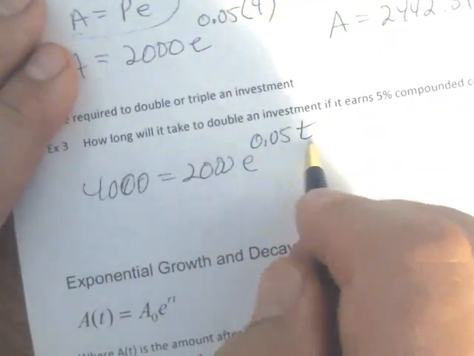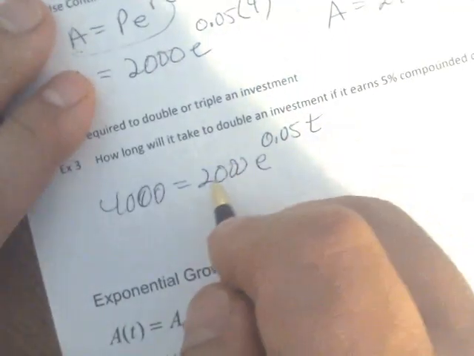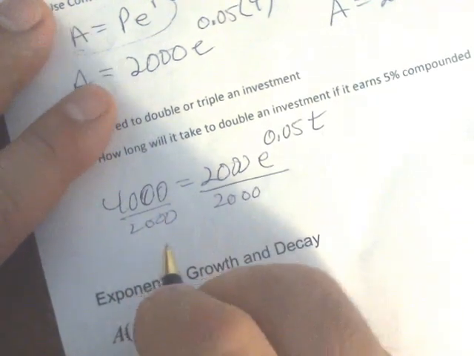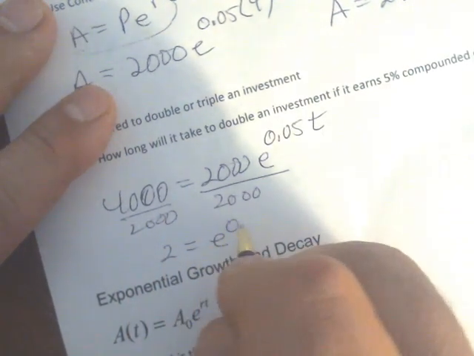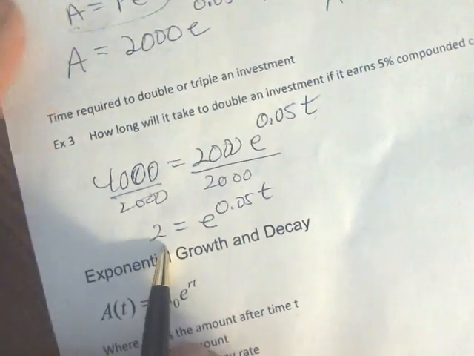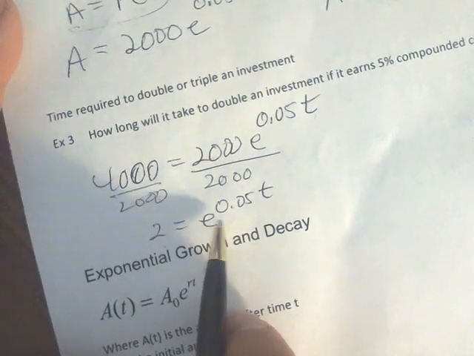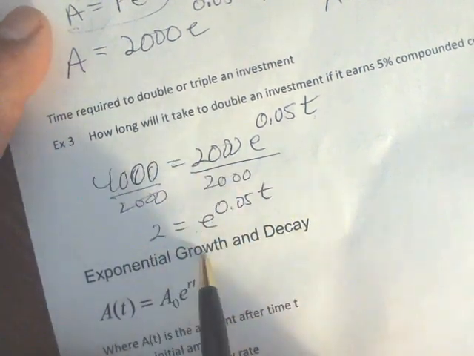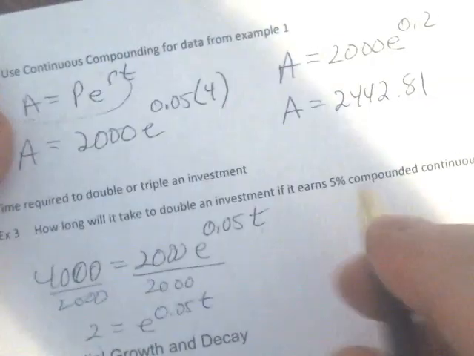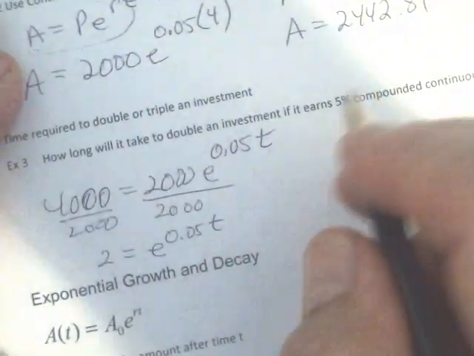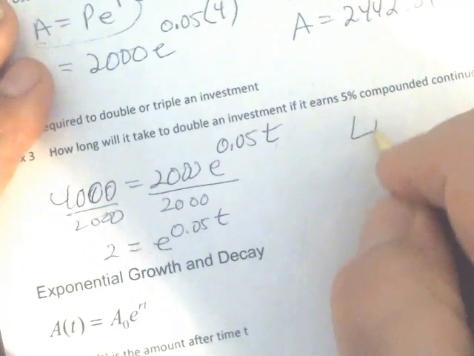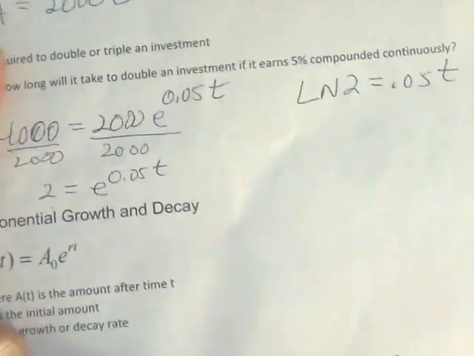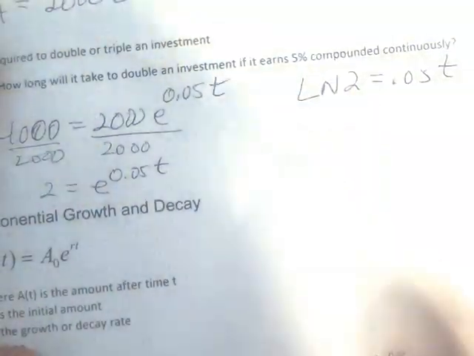Because to solve for t, this is an exponential equation, I need to get e to the exponent by itself. And so what this always works out to be is this. This means double. If it was triple, I would just put a 3 here and solve for t. So what I have is this equation here, and then I'm going to change this to a logarithm. So ln of 2 equals 0.05 t, okay? That's what we do when we solve exponential equations.